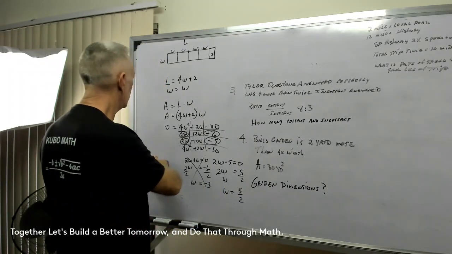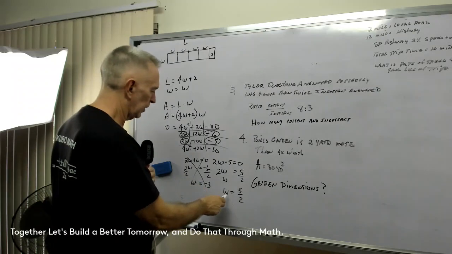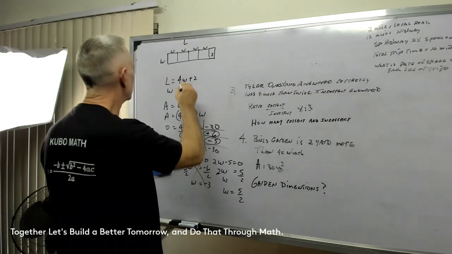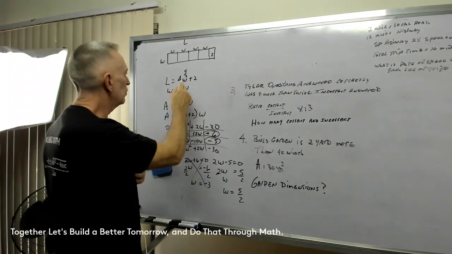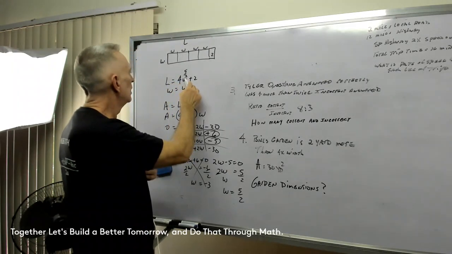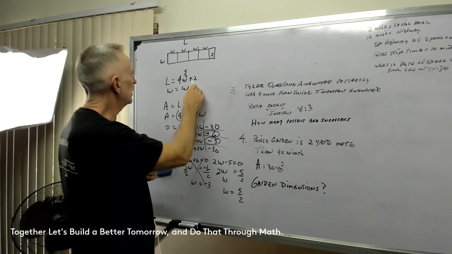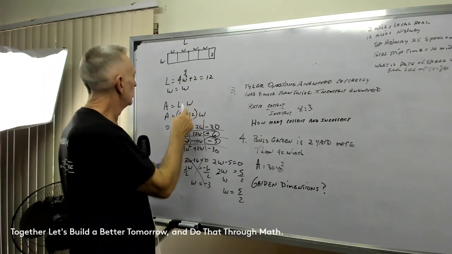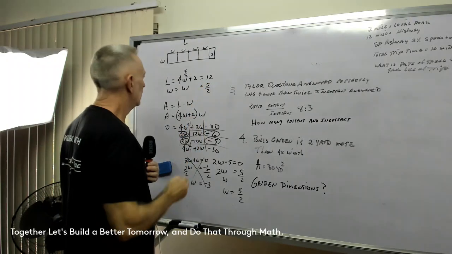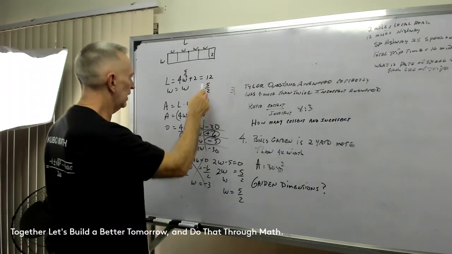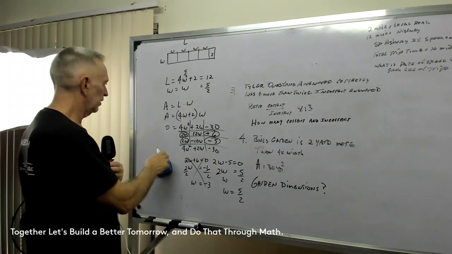All right. So if W is 5 halves, 4 times 5 over 2 would be 20 over 2, which is 10. 10 plus 2 is 12. All right, we need length times width is my area.